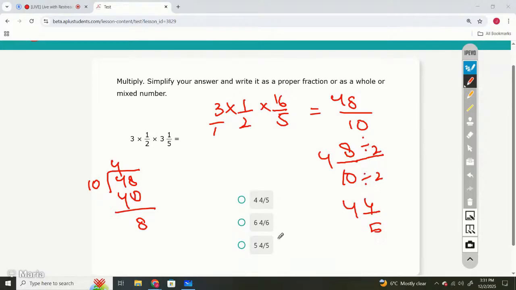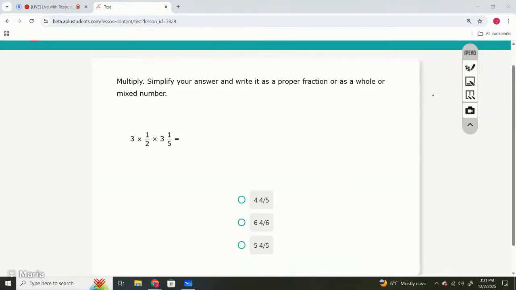So that is 4 whole 4 over 5. That is 4 whole 4 by 5. Option number 1 is the correct option.